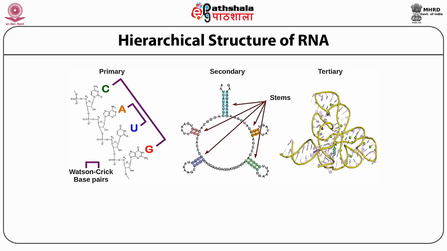Rather, RNA stays in single-stranded form. But there can be intramolecular, intra-strand Watson-Crick hydrogen bonding, and it can form secondary structures like what you see. It can form a stem, or a loop region, through this intra-strand hydrogen bonding, which can also lead to the tertiary structure of RNA in three dimensions.